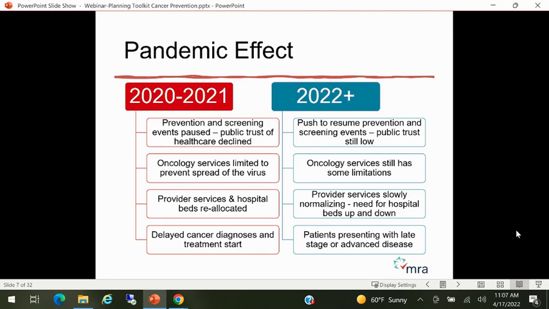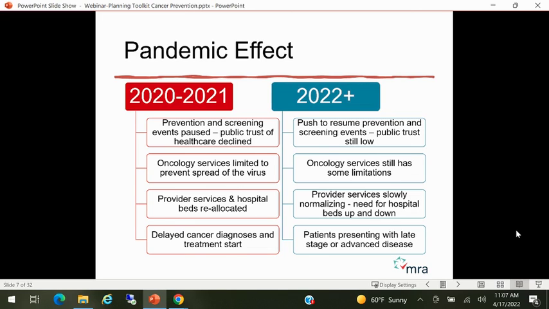So that takes us to 2022 and what we have today, where there's now a push to resume prevention and screening events, even though public trust is still low. We are slowly starting to see an increase, but it still is low. Our oncology services may still have limitations. Depending on your area, the tier, the infection rates, there may still be COVID protocols in place.